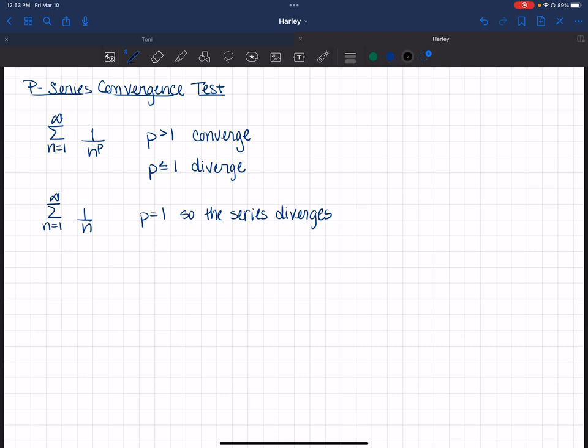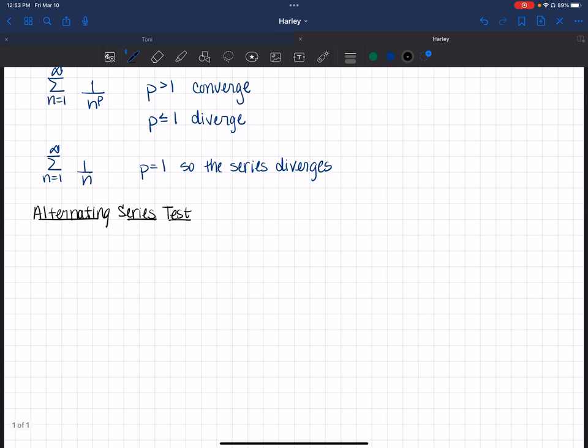Let me switch colors here. If I look at the alternating series test, once again, you have to be able to pick out that it is an alternating series, just like you have to be able to pick out parts of a p-series. The alternating series is pretty easy to see.